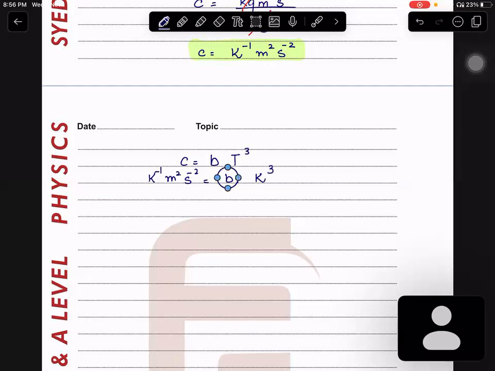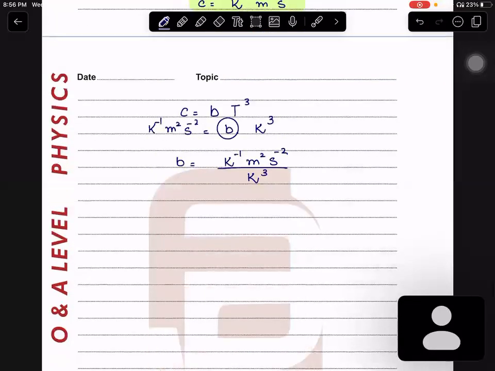Now if we make B the subject, B is equal to K minus 1 m square s minus 2 over K to the power 3. It cannot cancel, so it will move upward. So K minus 3 times K minus 1 m square s minus 2. This is B is equal to K minus 4 m square s minus 2. Is this clear? Yes sir.